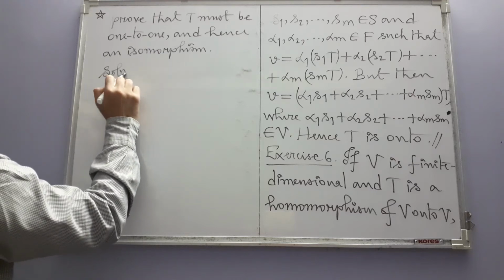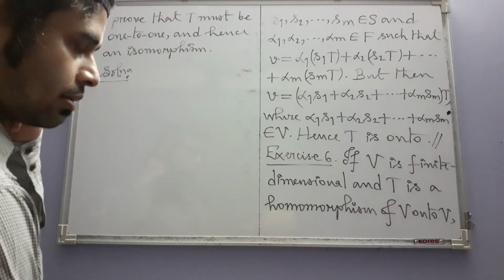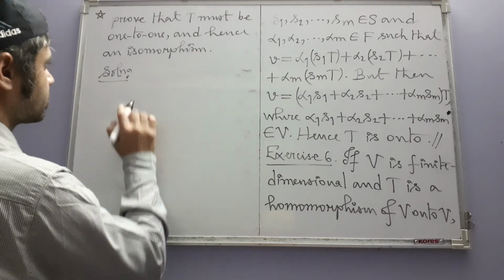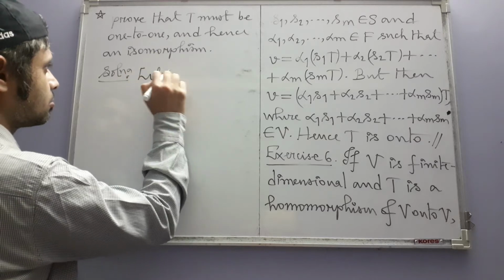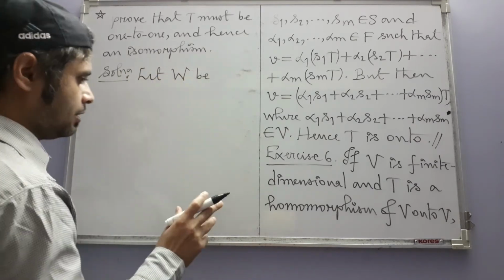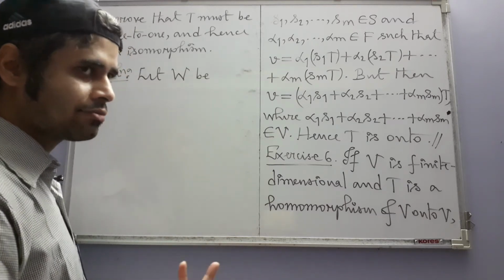Now here we will use a somewhat different route. T is a homomorphism from V onto V, so it will have some kernel.